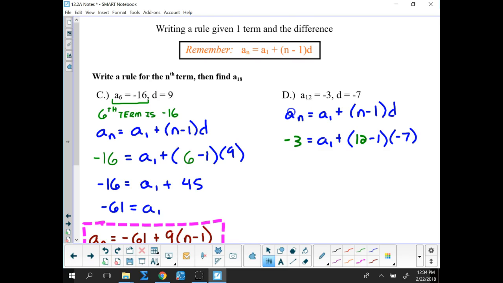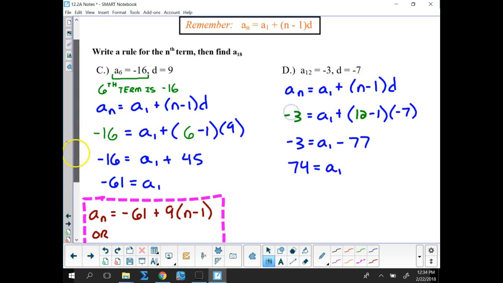So then this would become negative 3 equals my first term minus 77. Yes? Which makes 74 my first term.